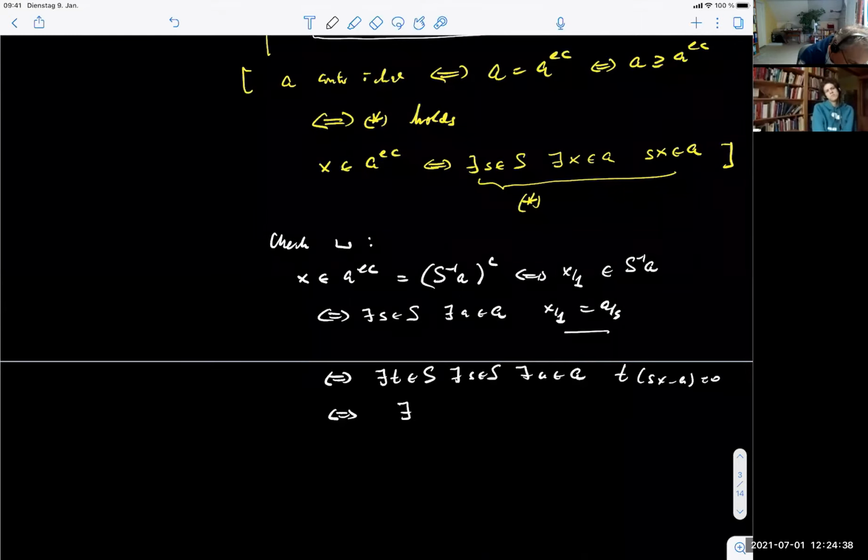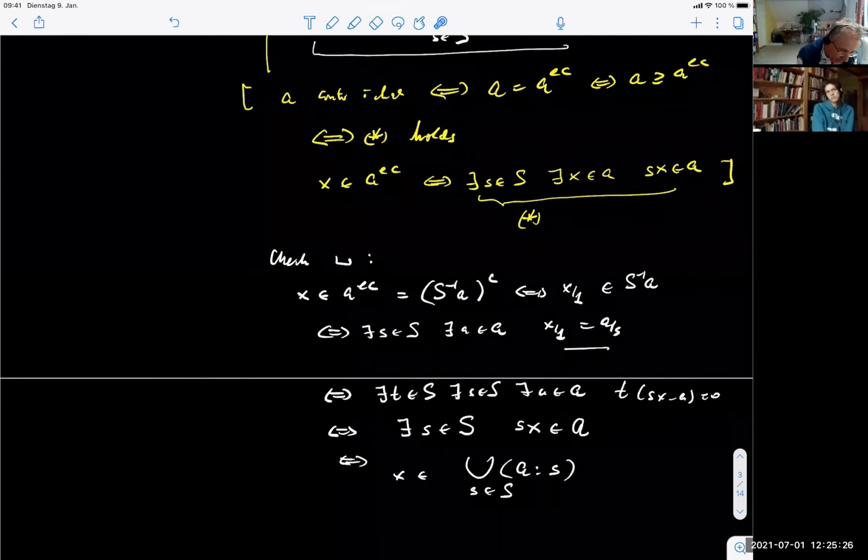It's enough to say this is the case if and only if there is an S in capital S such that Sx is in the ideal A. You don't confuse the small a with this ideal A. And once we have this, we see this is the same as saying X is in the union over S in S of these quotient ideals, because the elements in A divided by S are those elements X with the property that Sx is in the ideal A.